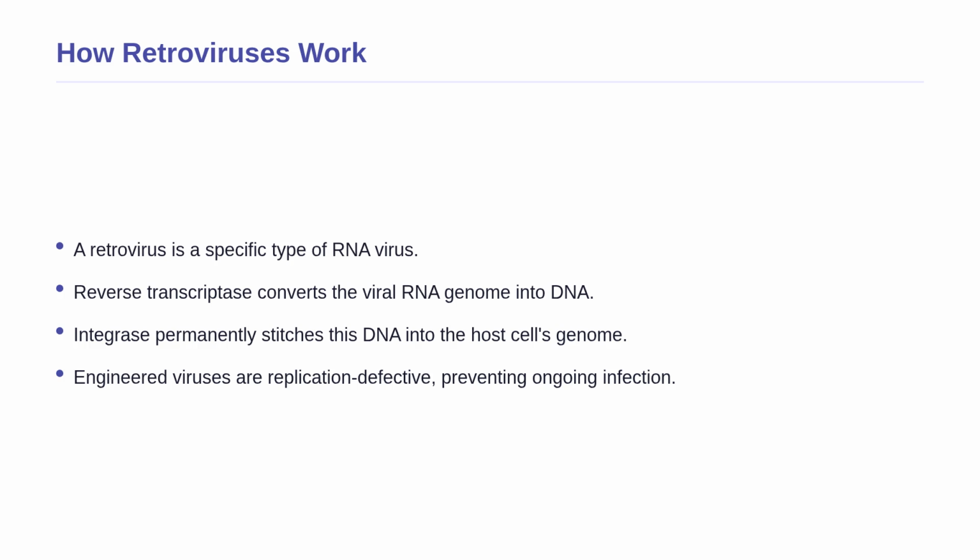Then, another viral enzyme called integrase permanently stitches this newly synthesized viral DNA into the host cell's own genome. For our purposes, scientists engineer these viruses to be replication defective. This means the virus can successfully infect a cell and insert our desired gene, but it completely lacks the ability to multiply and cause an ongoing infection.